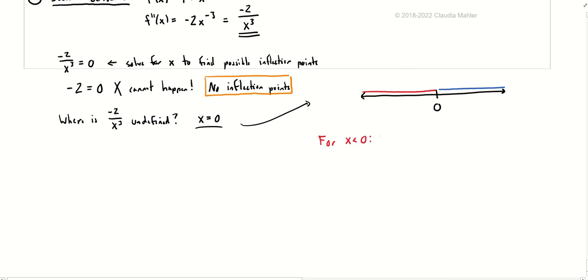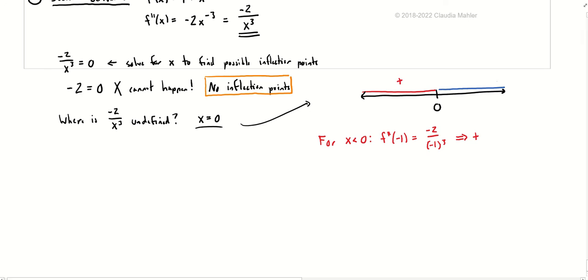So let's do the same process. Let's use the same numbers even. The second derivative at negative 1 is going to be negative 2 over negative 1 cubed. Negative 1 cubed is going to be negative. So we have a negative over a negative, which is going to give us a positive second derivative on this interval.